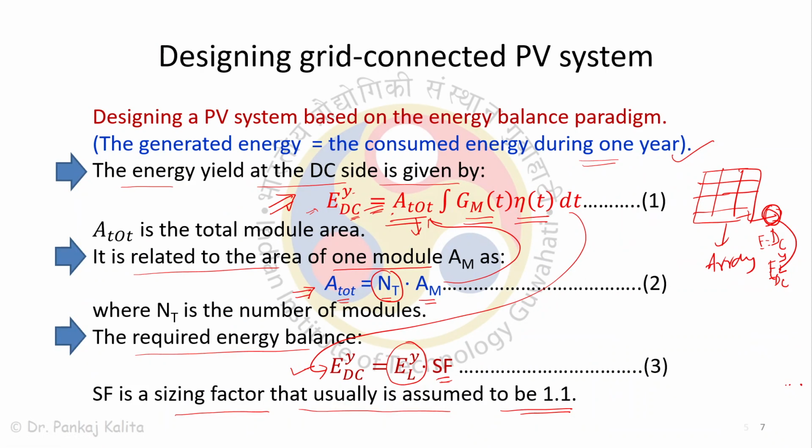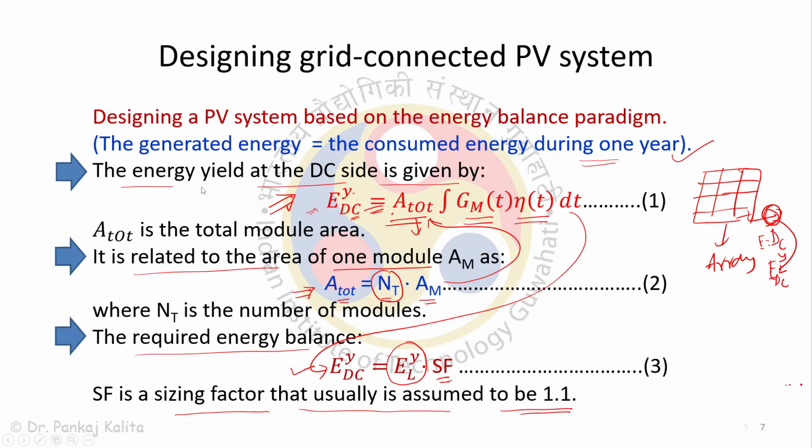So basically, designing a photovoltaic system is based on an energy balance. Okay, so only one thing you have to remember: the generated energy is equal to the consumed energy during 1 year. So for 1 year, whatever energy you are generating will be equal to the energy consumed.